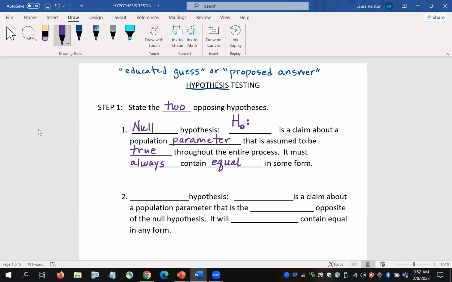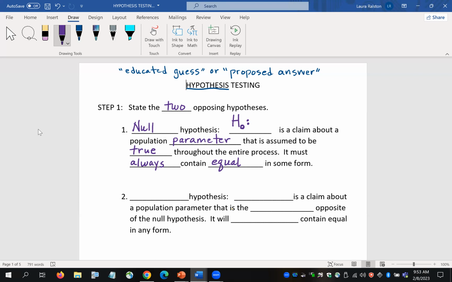If you think about the idea of hypothesis testing, sort of like a court case or a jury trial, within the United States, we say that a person is innocent until proven guilty.